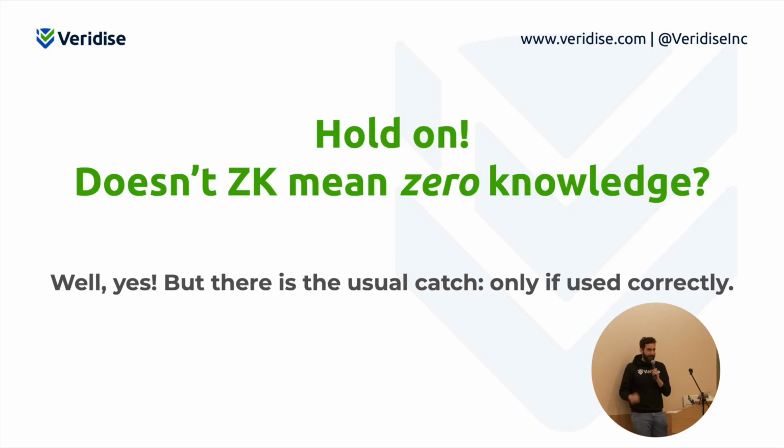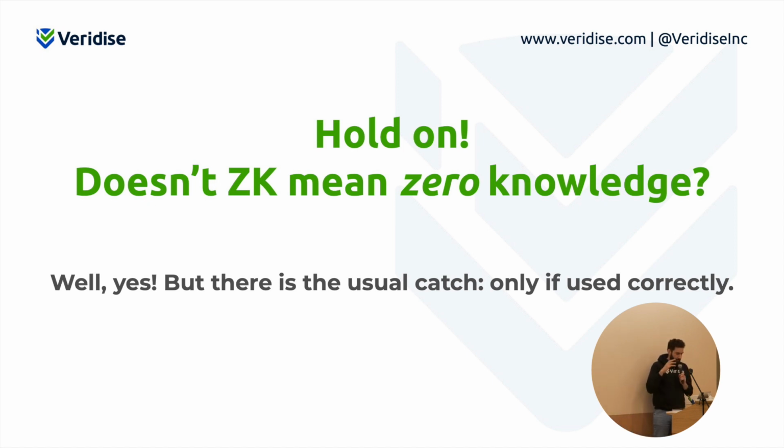So zk means there is zero knowledge, but there are the usual caveats: you have to implement things correctly. So we're going to talk a little bit about several cases we have seen in past audits, not all Aleo specific, that apply to any kind of privacy preserving application.